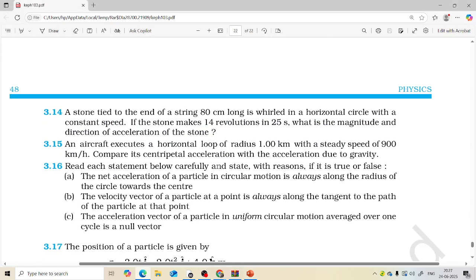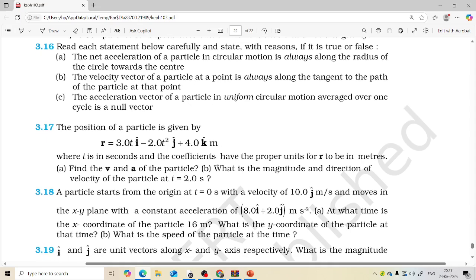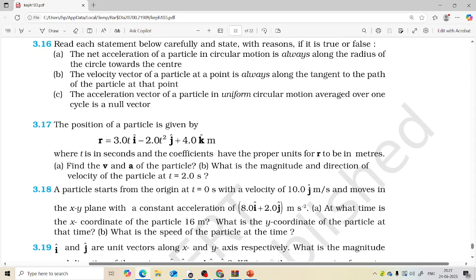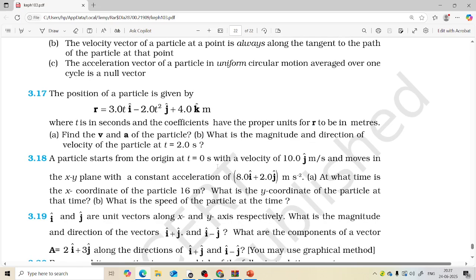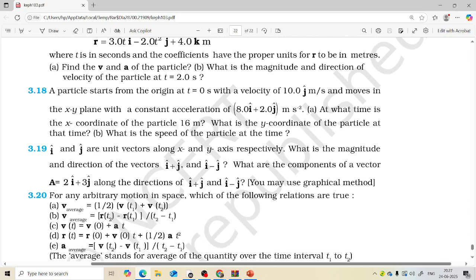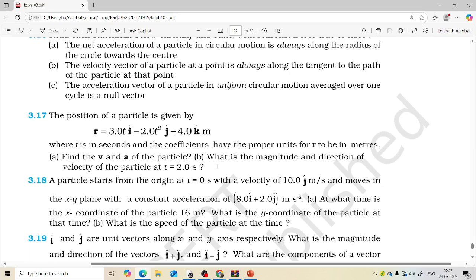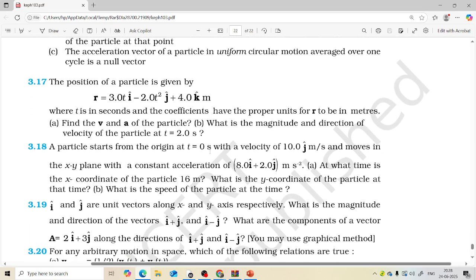3.14, 3.15 I have already discussed. There are other types of questions which simply contain i cap, j cap. I have already introduced them in the previous class. 3.17 is a topic on differentiation in maths.